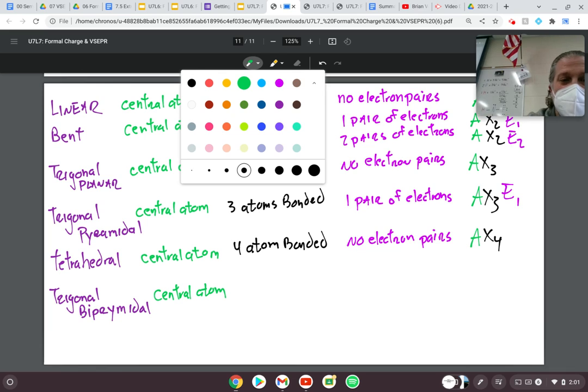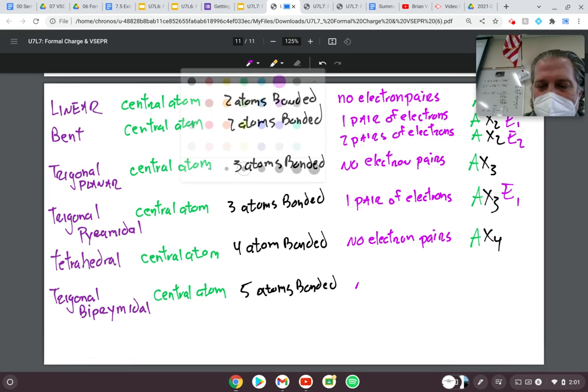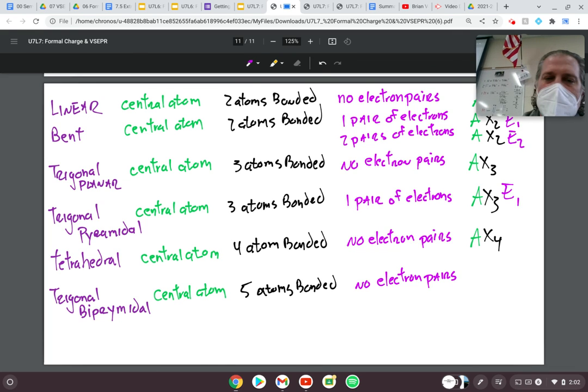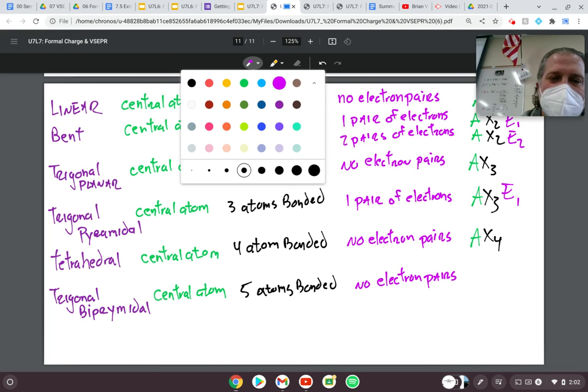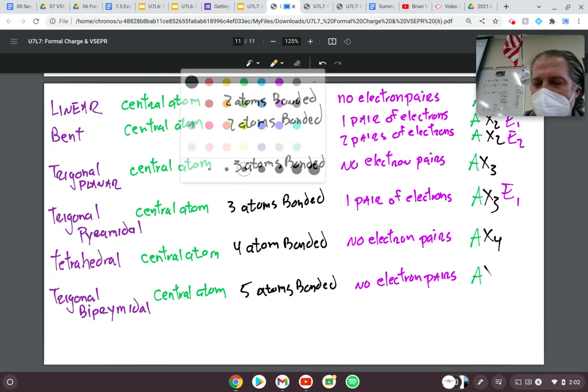This time it has 5 atoms bonded to it. It has no electron pairs, and it could be known as an AX5.